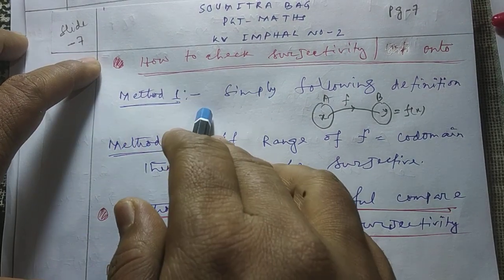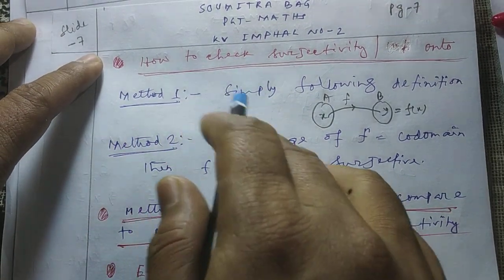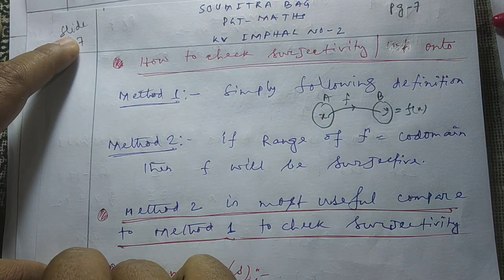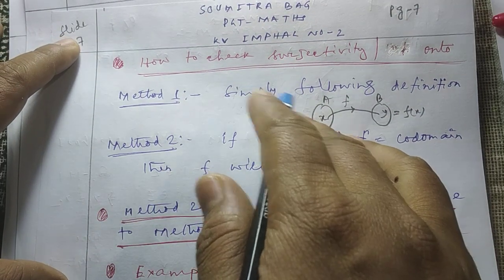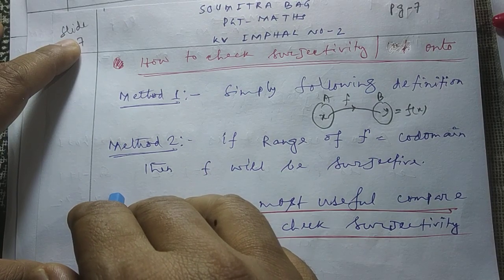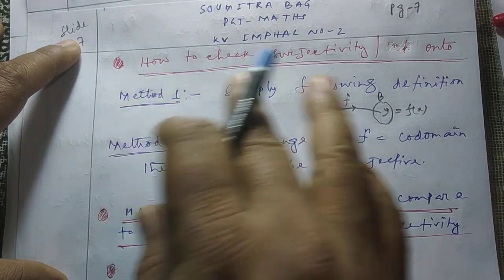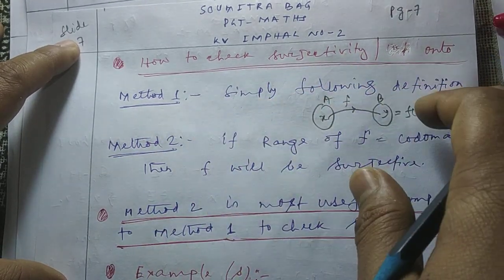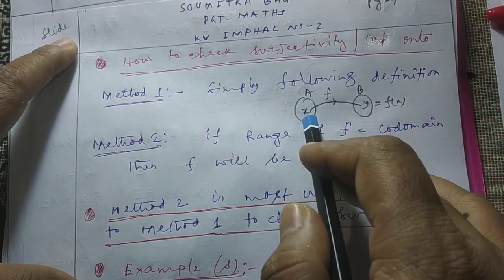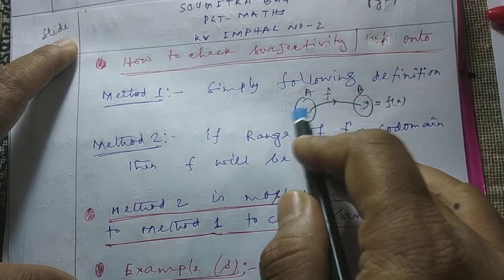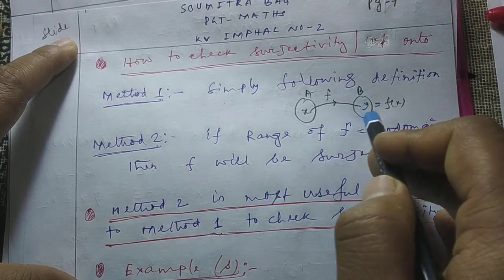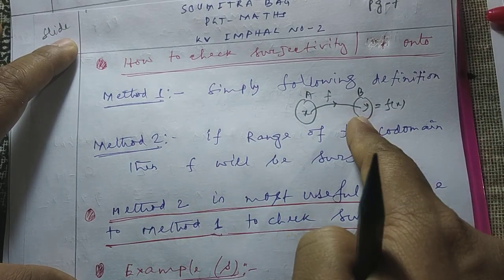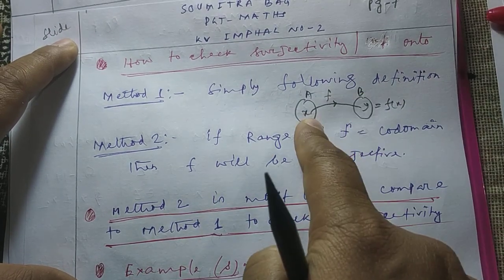According to method 1, if a function f simply follows its definition, then f will be surjective. Already we have narrated the definition right now. Now let us discuss it again. Suppose we are taking two sets as usual, A and B, and let us pick up an element y from the B set.